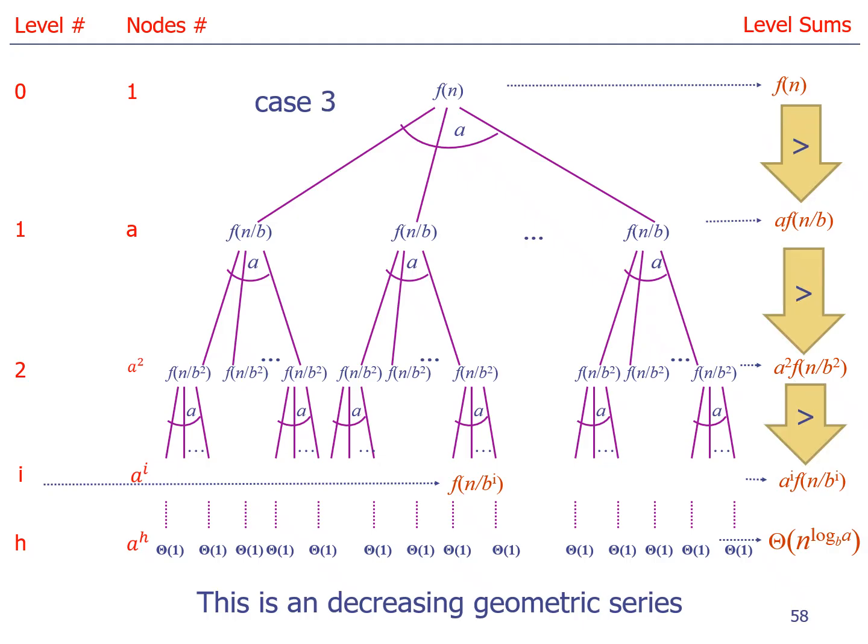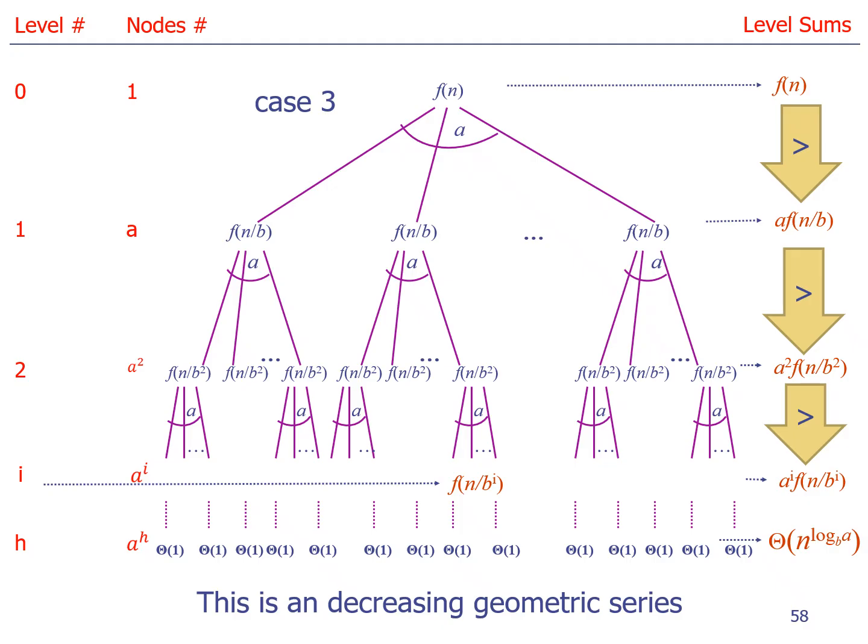Now, case 3, where the biggest amount of work you do is at the root level. Since you're following the same systematic way of dividing the data into a branches, and then further into a branches, it is not possible that the first term is the biggest, the ones after it are a little bit smaller, and then suddenly you get a further drop at the leaf level.